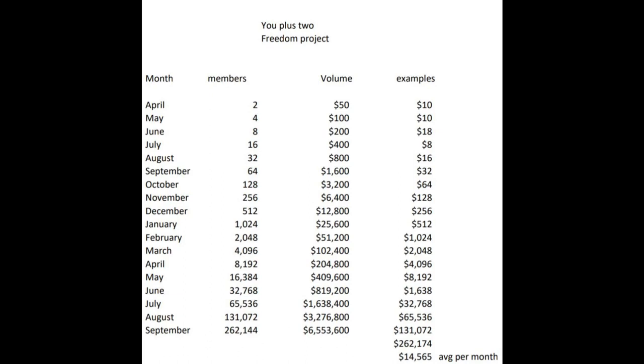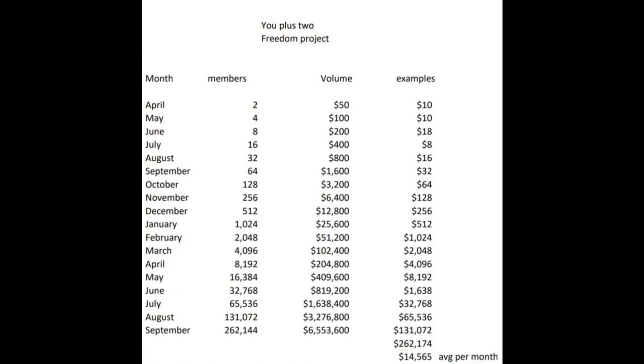And if you have a team of 4,096 people, all the people except for you are at 25 CV, that's over 102,000 in volume, the computer's going to divide it by 400. But if you're at 100 CV, the computer's going to multiply 256 by 24, which means your check is going to be $6,000 a month, give or take.